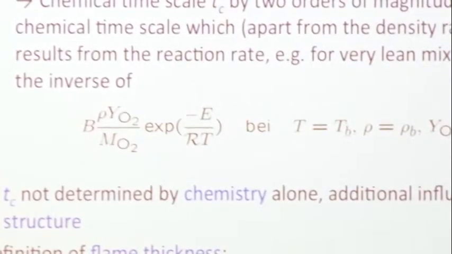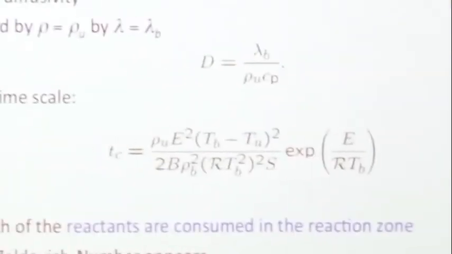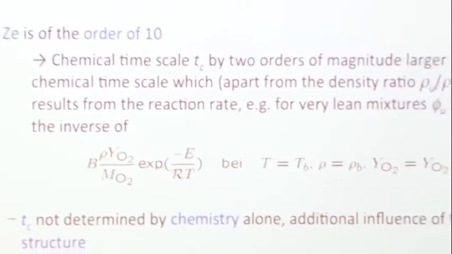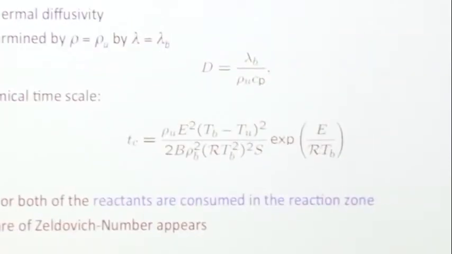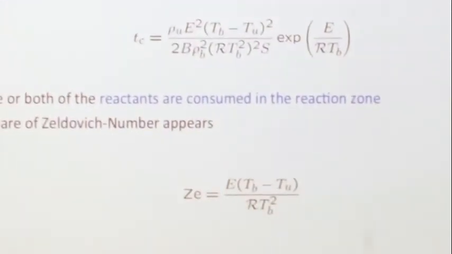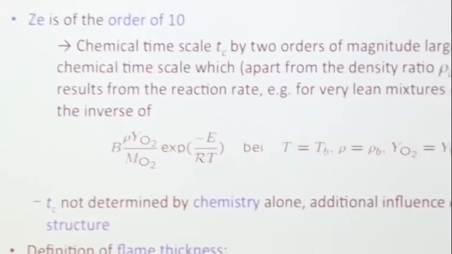but you see, this here is very similar to what we just had. It's very similar because the S has all these mass fractions here, and then you get this exponential term, which we have here also, except that this has the square of the Zeldovich number. Okay? But the Zeldovich number is on the order of 10.